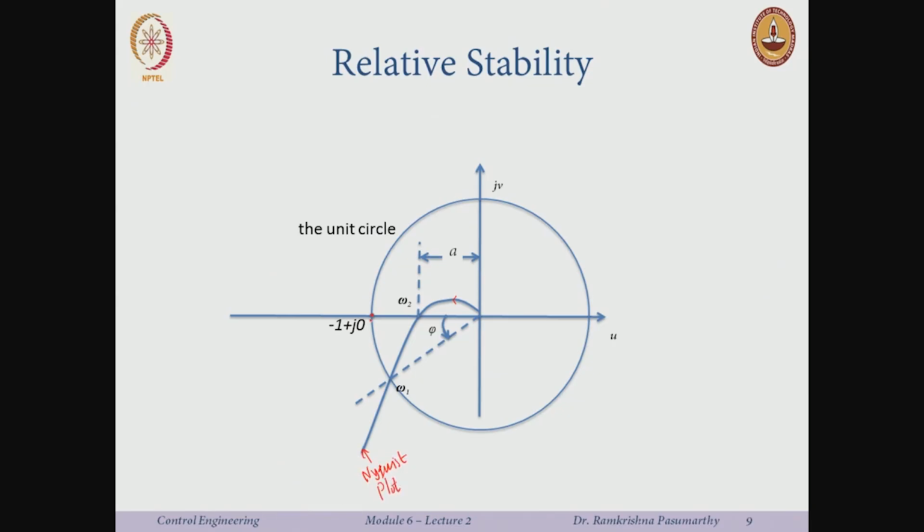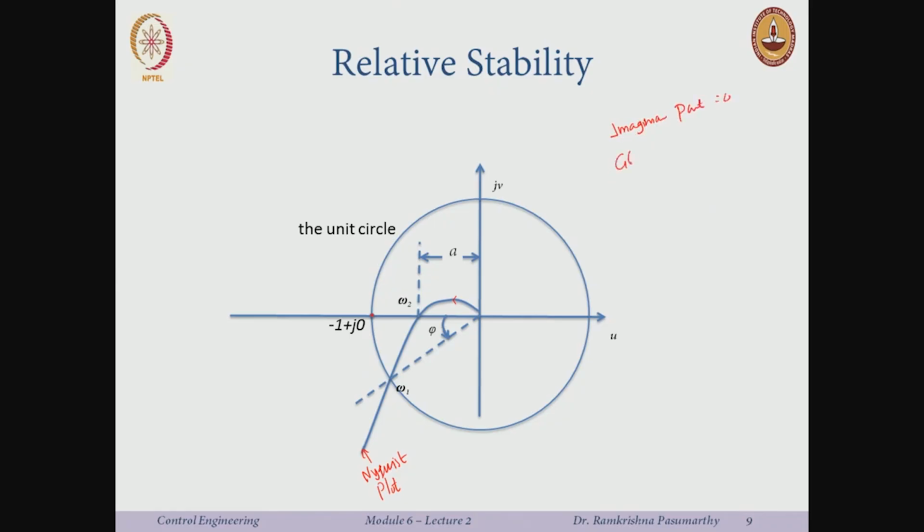Okay. And this is the point minus 1 plus j 0, and I just draw a circle around here and say this is the distance from here till here is minus 1, the distance from here till here is a. So, what is this distance? This distance is when the imaginary part goes to 0.